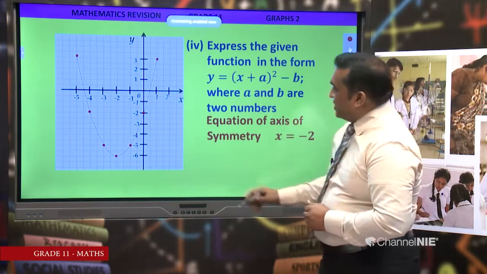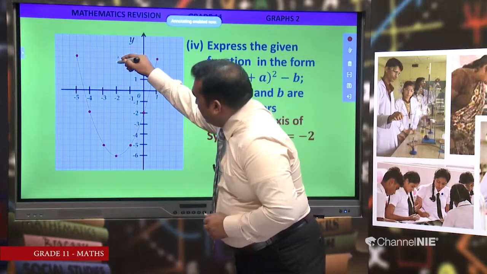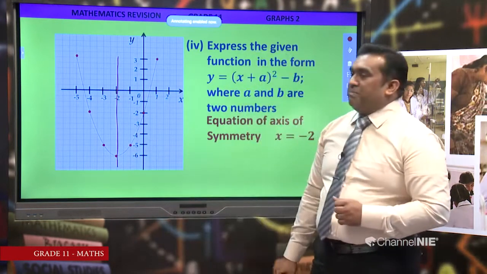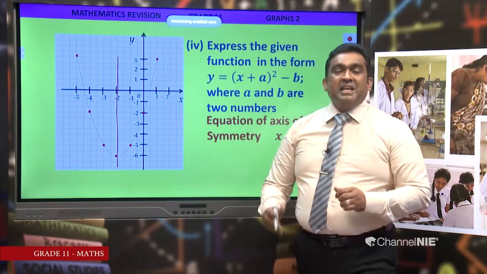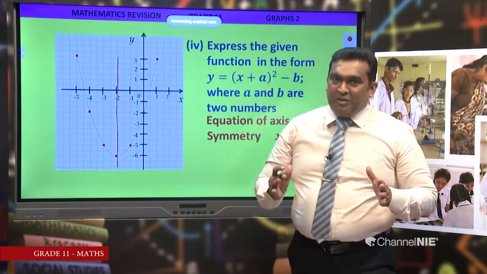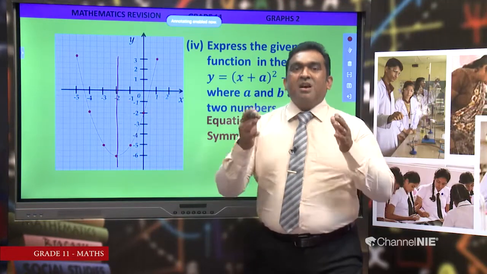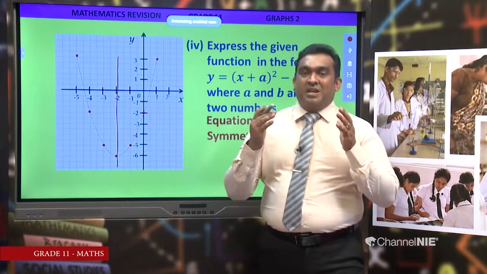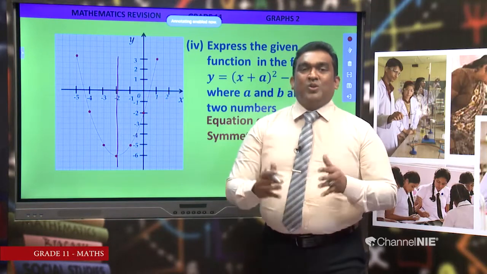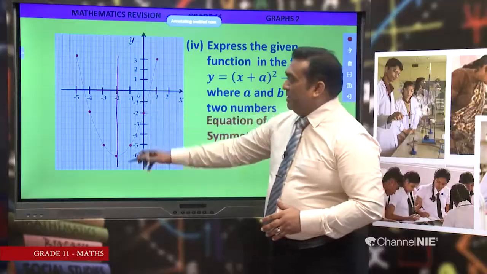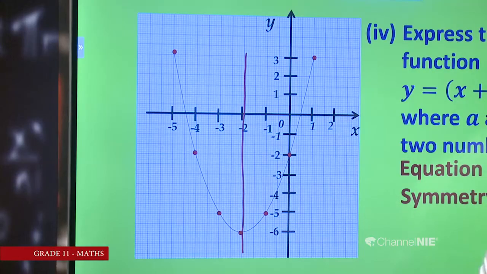Axis of symmetry: the line which divides the curve into two equal parts. That is the axis of symmetry. Axis of symmetry, x equals -2.